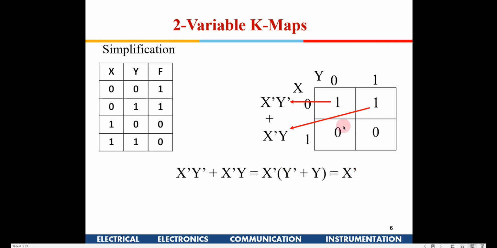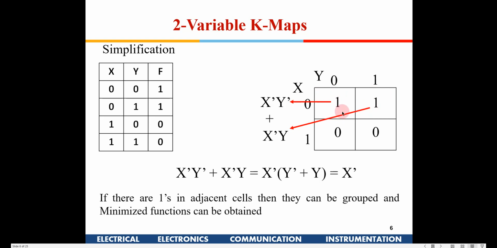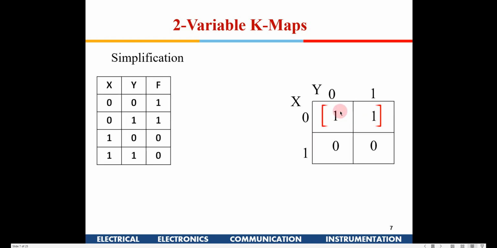Now seeing this table also, I can say that it is x dash, because there are 2 ones out here. If I club these 2 ones together, let me put it in the next slide, now here I can club these 2 together. Now what is constant in these 2 cells?